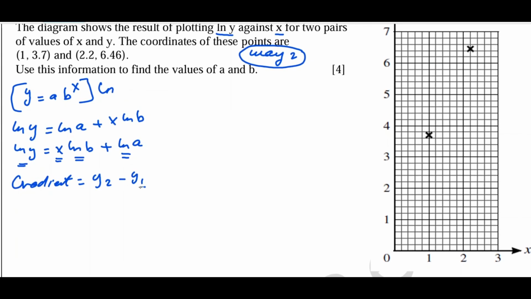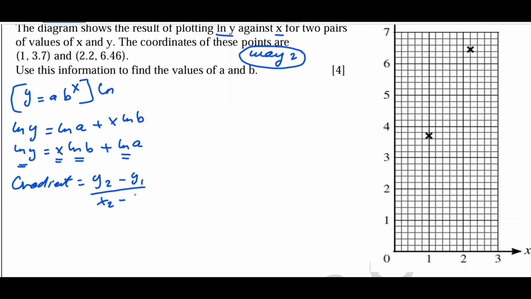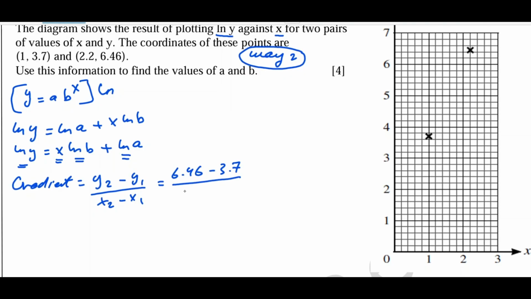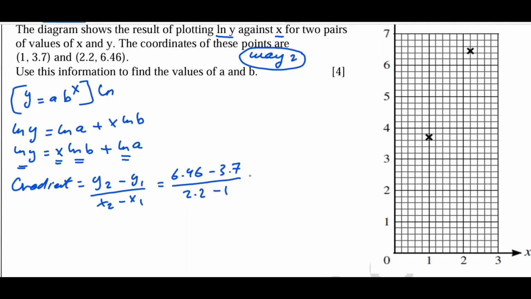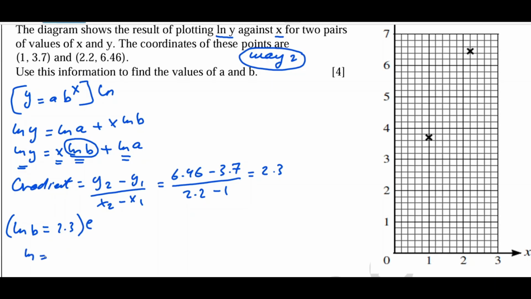So 6.46 minus 3.7 over 2.2 minus 1. So the gradient is 2.3. According to that, ln b, which is the whole gradient, is equal to 2.3. I'm going to take e to the power, so b equals e to the power 2.3, rounded to 9.974.